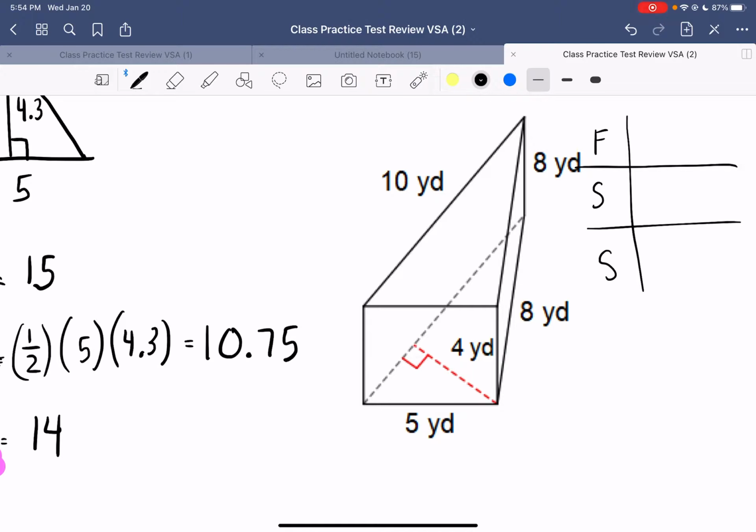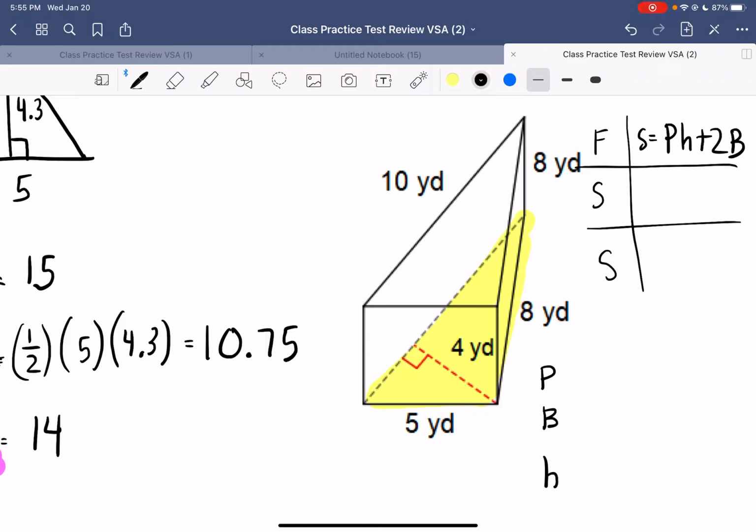We have the surface area equals pH plus 2B. So our missing information is P, B, and H. So I'm going to highlight my base. I'm highlighting it so you can see through; you can shade it with your pencil.